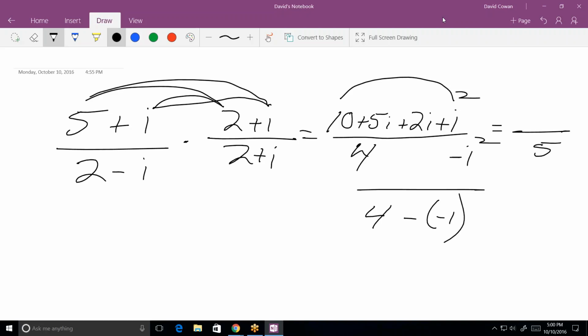All right, so it'd be 9 plus 7i. And now put it into a plus bi format. So that would be 9 over 5 plus 7i over 5.